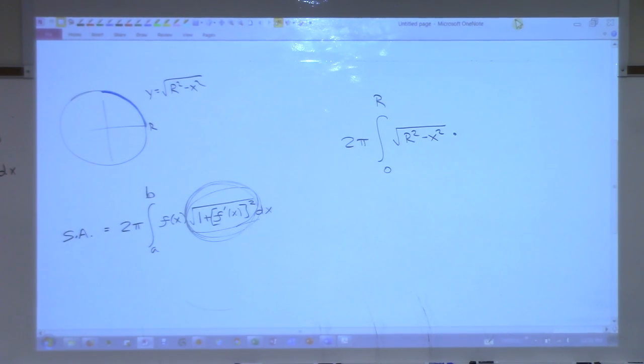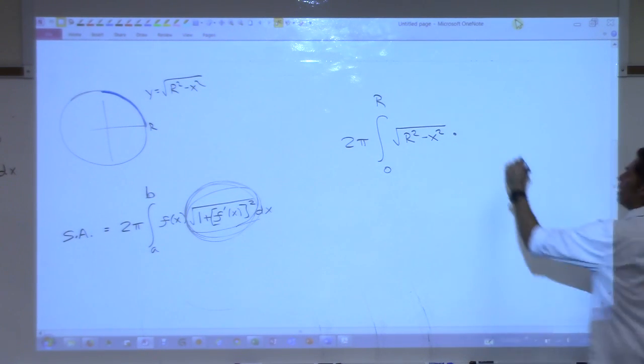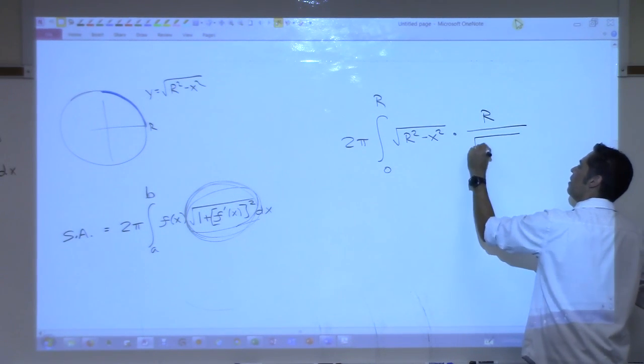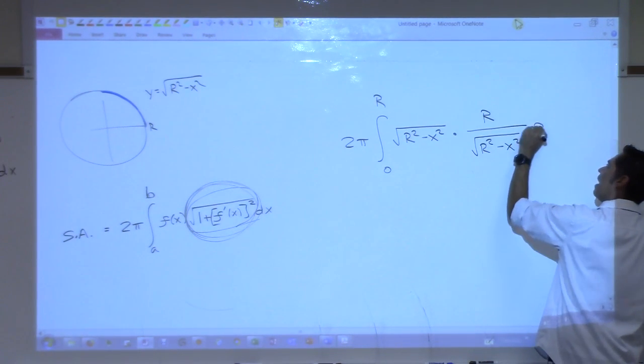On the top we had what? R squared, which we took the square root of, and we got an r. And on the bottom, what did we have? The square root of r squared minus x squared dx.